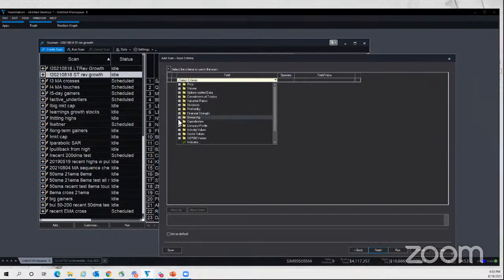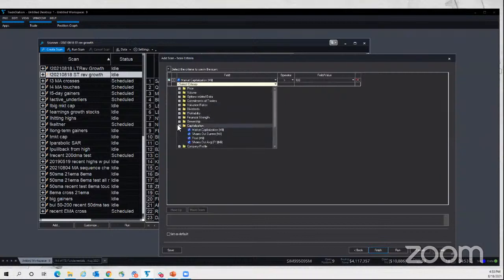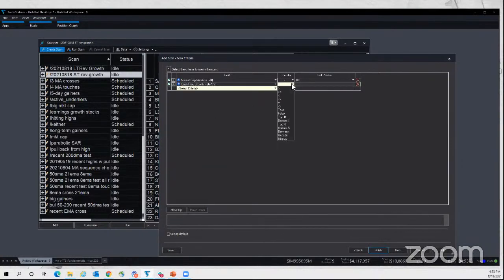So sorry, I'm going to go here to capitalization, market capitalization greater than 1 billion. This time we're going to go to the bucket called financial strength. Okay, and we're going to go to cash flow. I'm going to go to cash flow growth rate 5-year greater than 30. And next, I'm going to go to profitability.